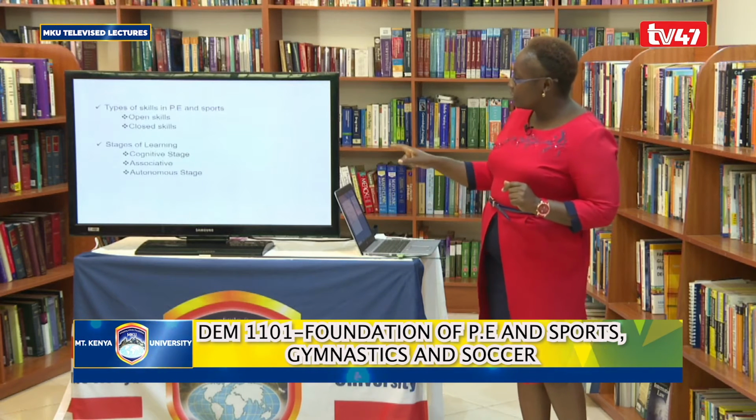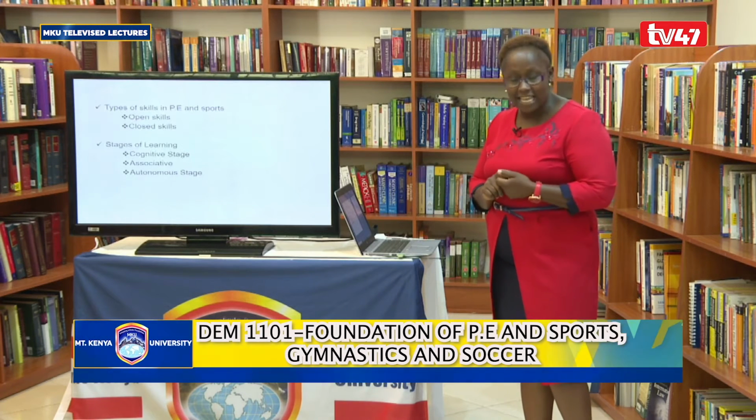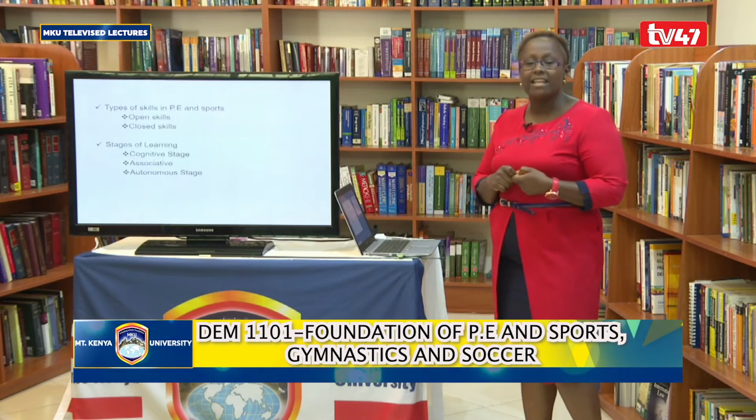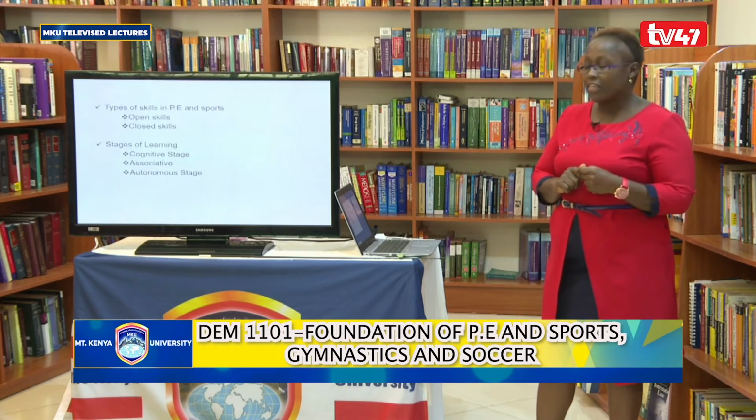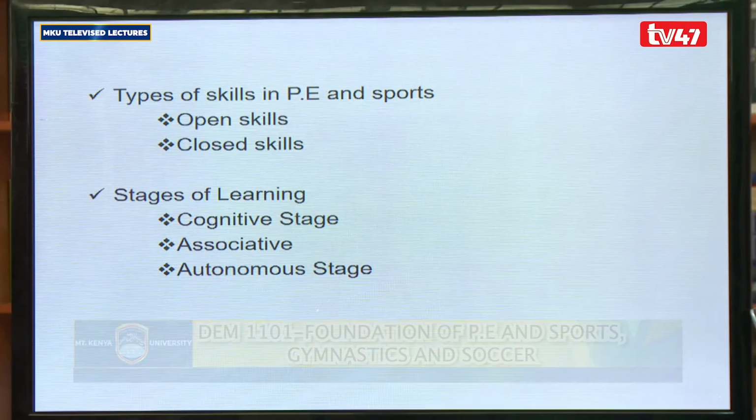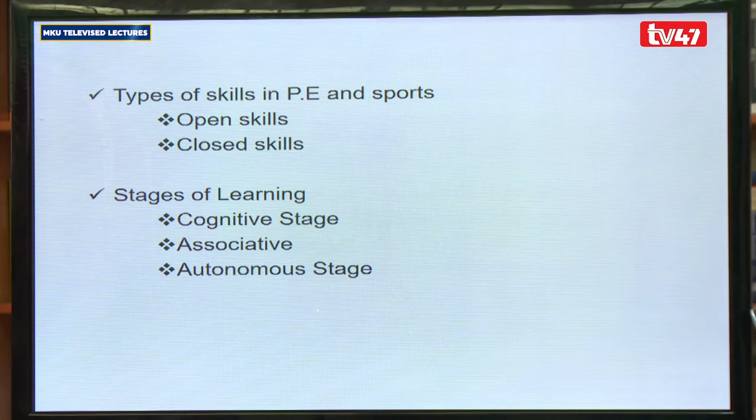Then we are also going to look at the stages of learning a skill. When you're learning a skill in physical education, the learning encompasses 3 stages. The first stage is the cognitive stage. During this stage the learners have no idea of the skill. That means the learner is being introduced to the skill for the first time and is being shown how to do it.